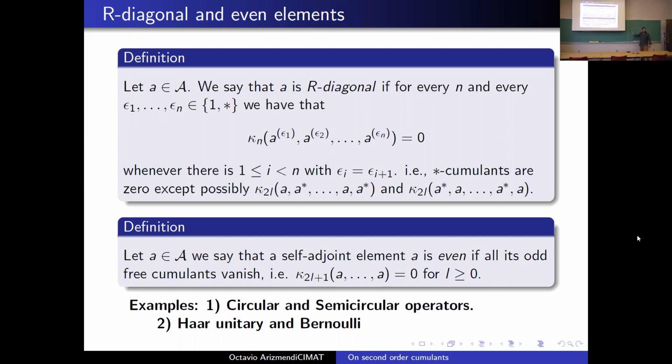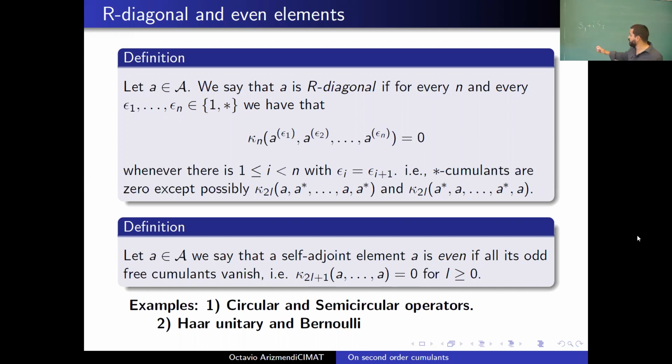Free and semicircular. And one can calculate the joint moments. Can you prove the distribution is a disk using R-transform? You need bigger machinery.